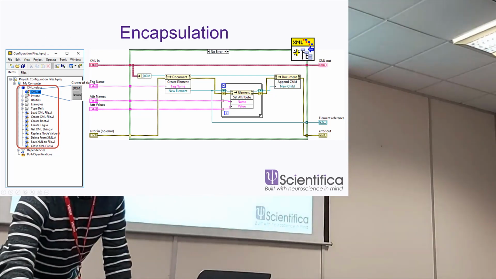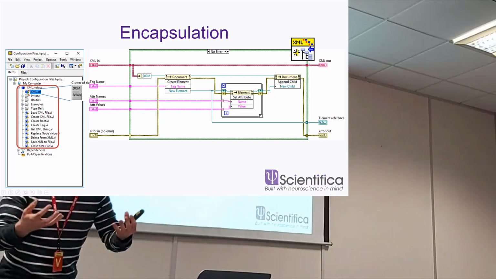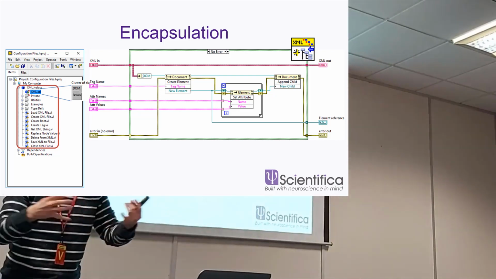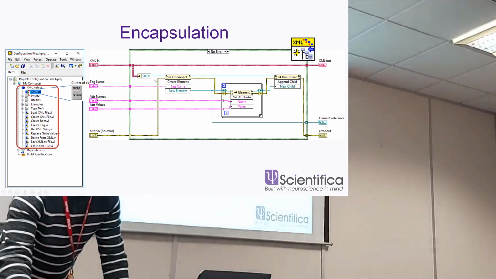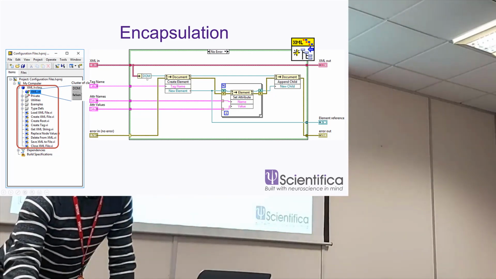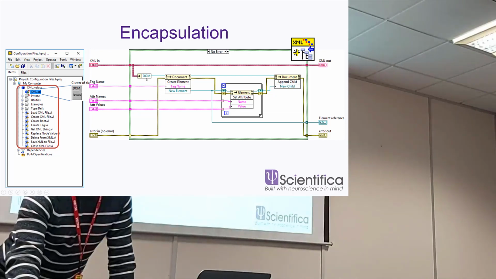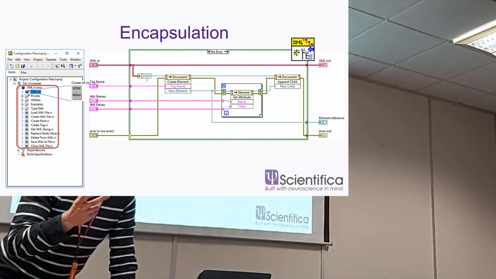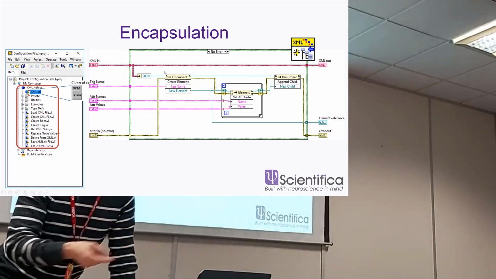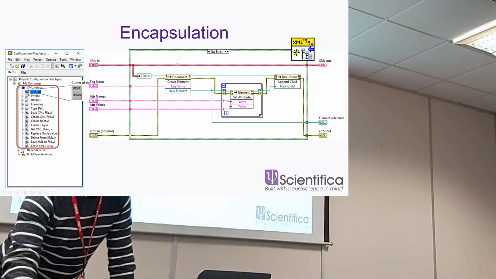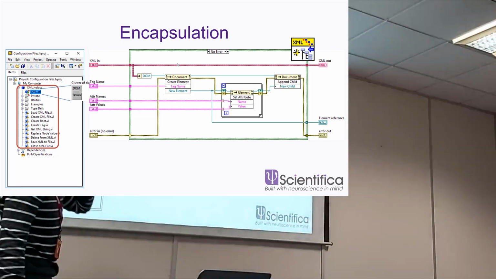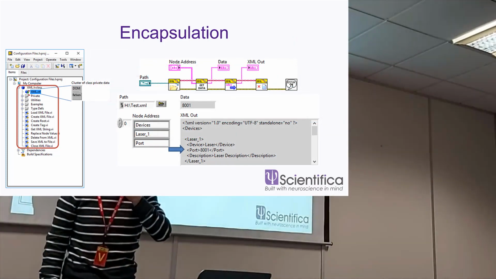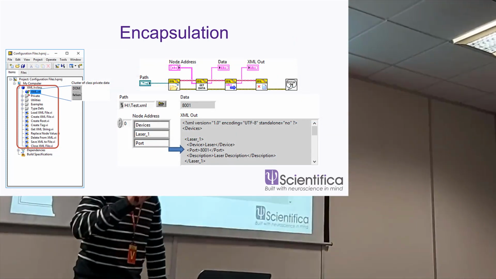An object is just a class you see on the block diagram. An object is the wire. We can unbundle the object and get to that private data. We could also do it in reverse, using the bundle by name function to bundle into the object. So methods can use this private data to perform functionality.